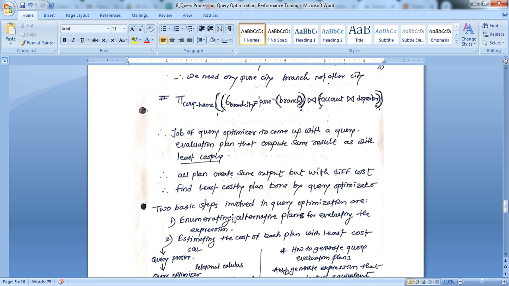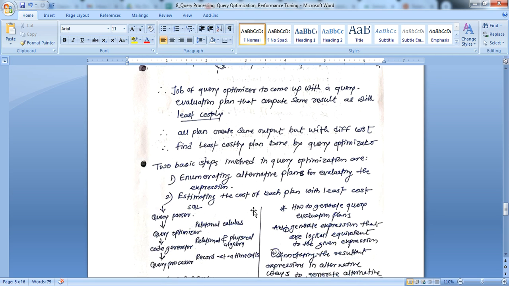The two basic steps involved in query optimization are enumerating alternative plans for evaluating the expression, then estimating the cost of each plan to find the least cost.